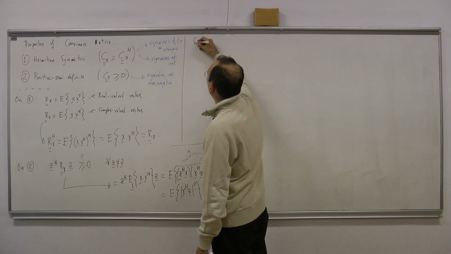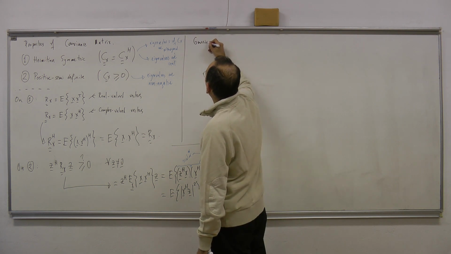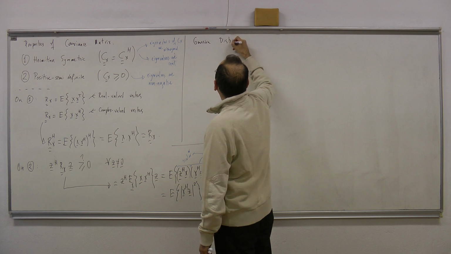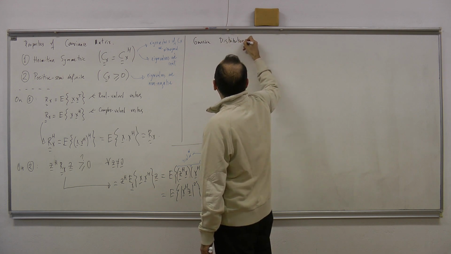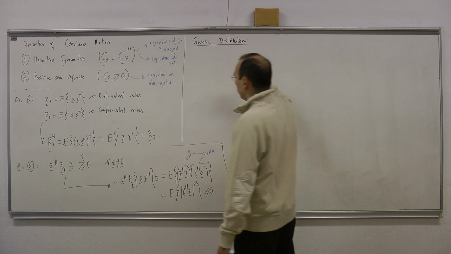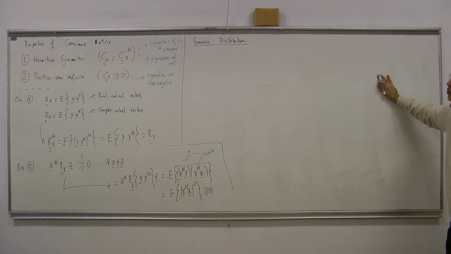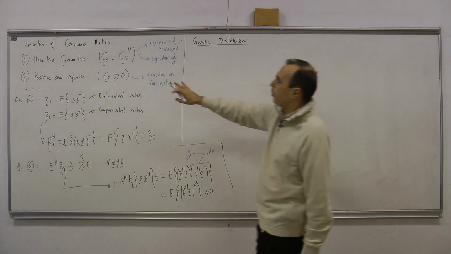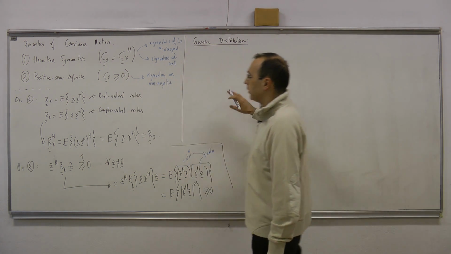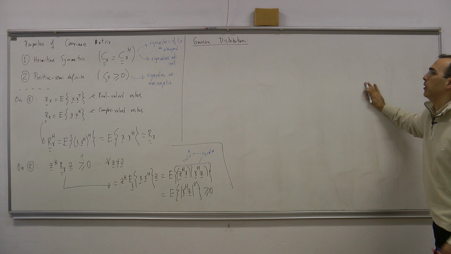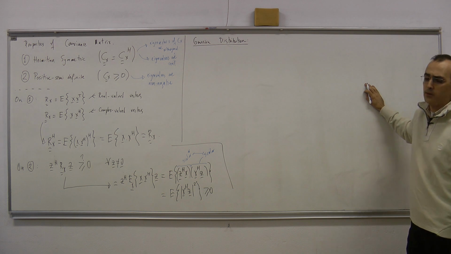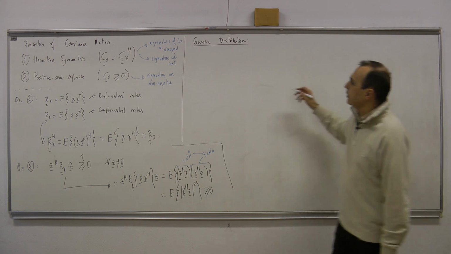Now I want to discuss the Gaussian distribution. In the definition of the Gaussian distribution, you will see that the covariance matrix and the mean vector come up. This is the reason that I want to discuss the Gaussian distribution at this point.